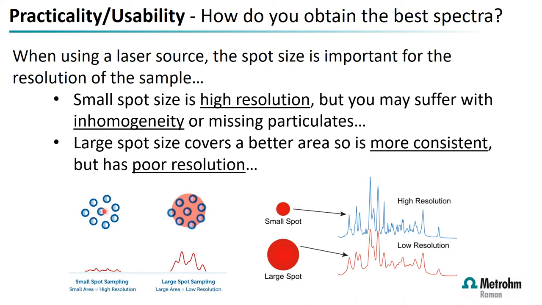Using the small spot size means that you can occasionally miss areas of interest. A larger spot size covers a bigger area and so is more representative of the sample, but it can lead to poor resolution in the final spectra.